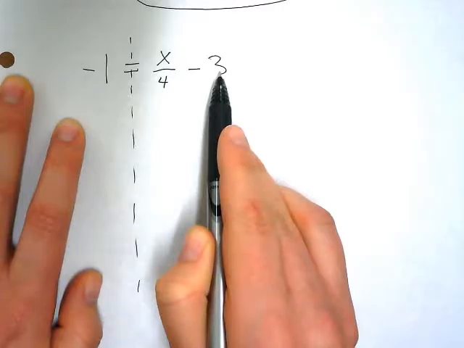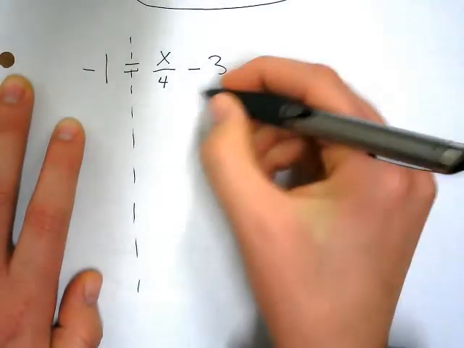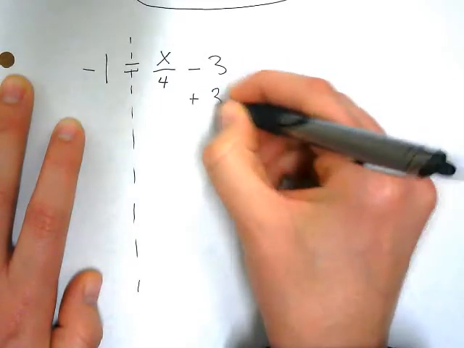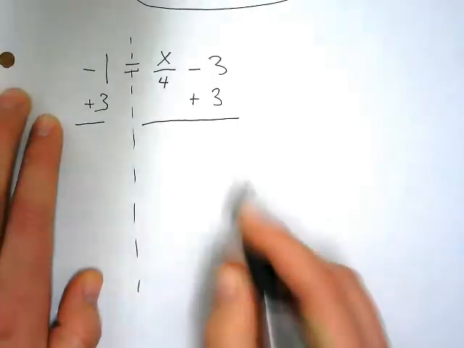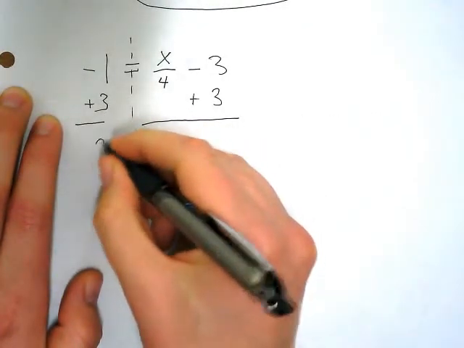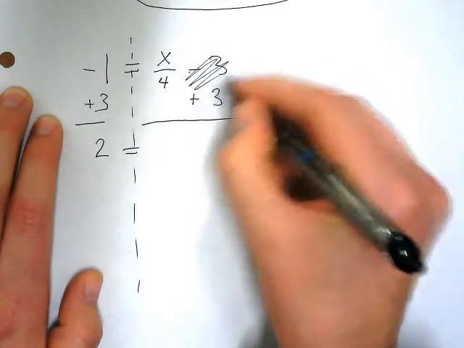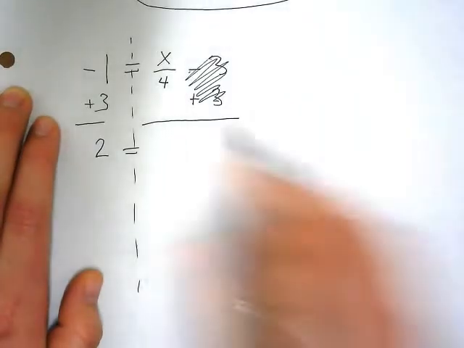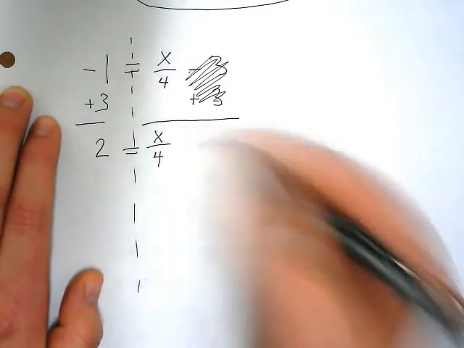To get rid of this minus 3 or this negative 3, I need to add 3 to both sides. And negative 1 plus 3 equals positive 2. Negative 3 plus positive 3 equals 0. So now I have this x over 4 equals 2.